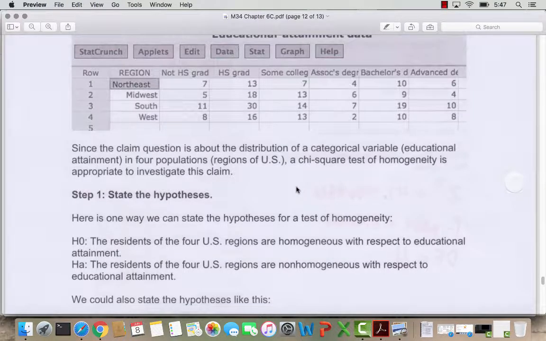So we want to know, are the populations distributed the same in these 4 regions of the US, or is there some difference, right? So homogeneity means things are the same, so we're testing to see, are things the same or not?